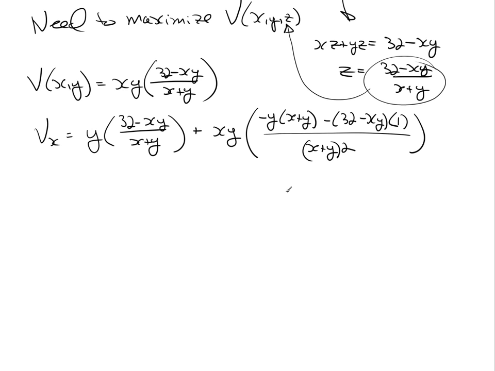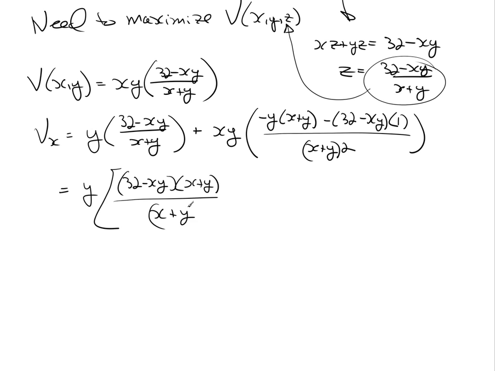So I'm going to end up with, I'm going to add these, so let's just factor out both these y's right now. So we have y times (32 minus xy) times (x plus y) over (x plus y) squared, plus, seeing I have the same denominator, let's just put them all together right now, plus x times what I'm going to have up here.